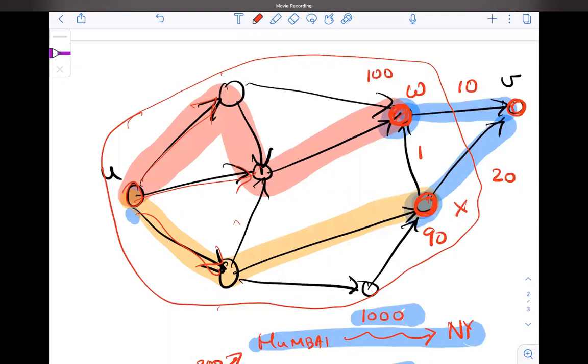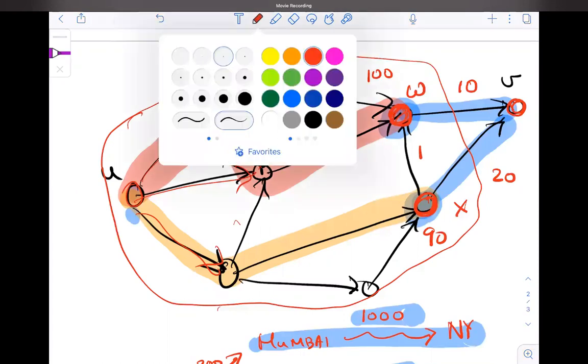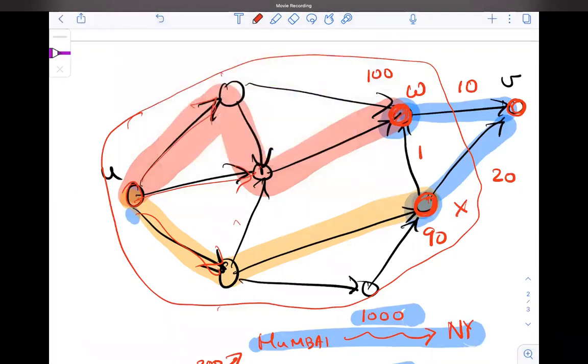Is it possible? Yes, sir. As you have described, is it possible? U to X to W. What is the length of this path? 91. And how is my 100 coming there?